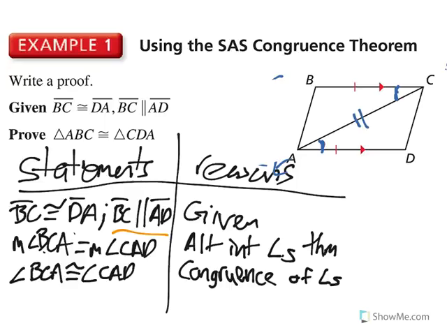Well, if you look at it, that side's the same for both triangles. So if the side is the same, that is actually the reflexive property. So basically what I write is that AC is congruent with AC based on the reflexive property.